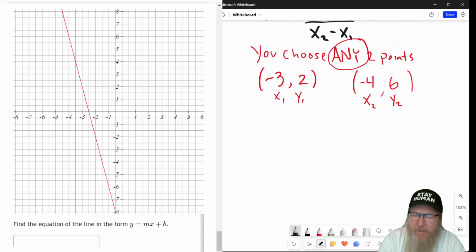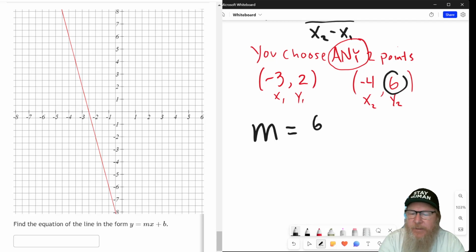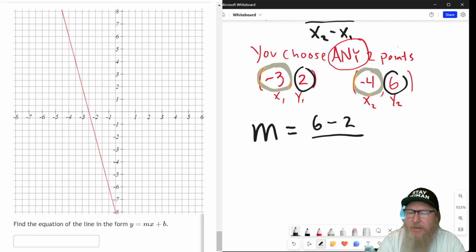Now, let's go ahead and find the slope. I already had the formula up there, so we're going to do y2 minus y1 over x2 minus x1. Now I should be really careful with negatives.